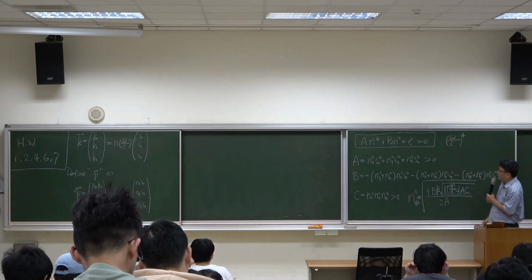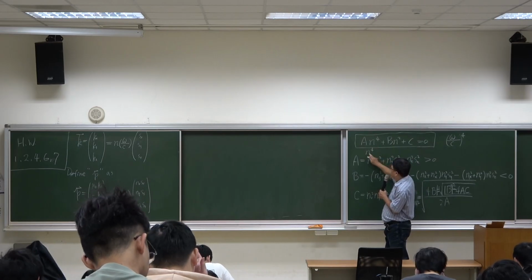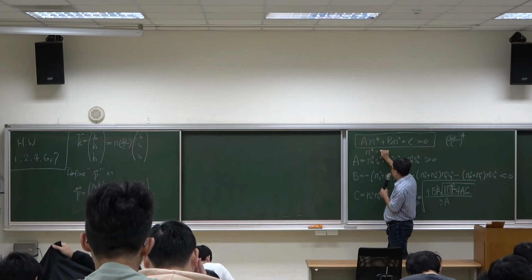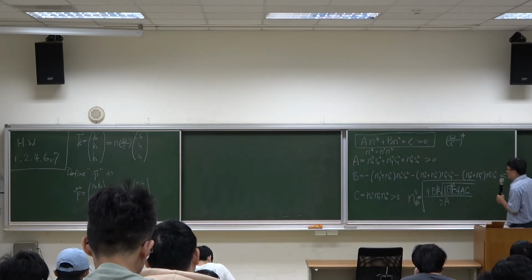Okay. And notice that I can write the fourth power n as n squared times n squared. Okay.